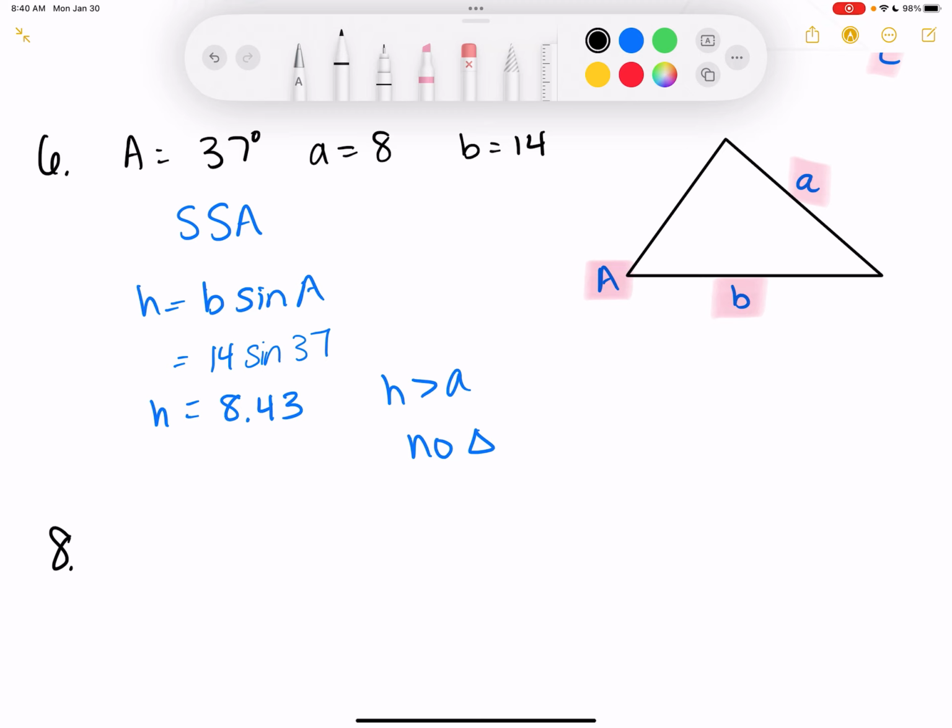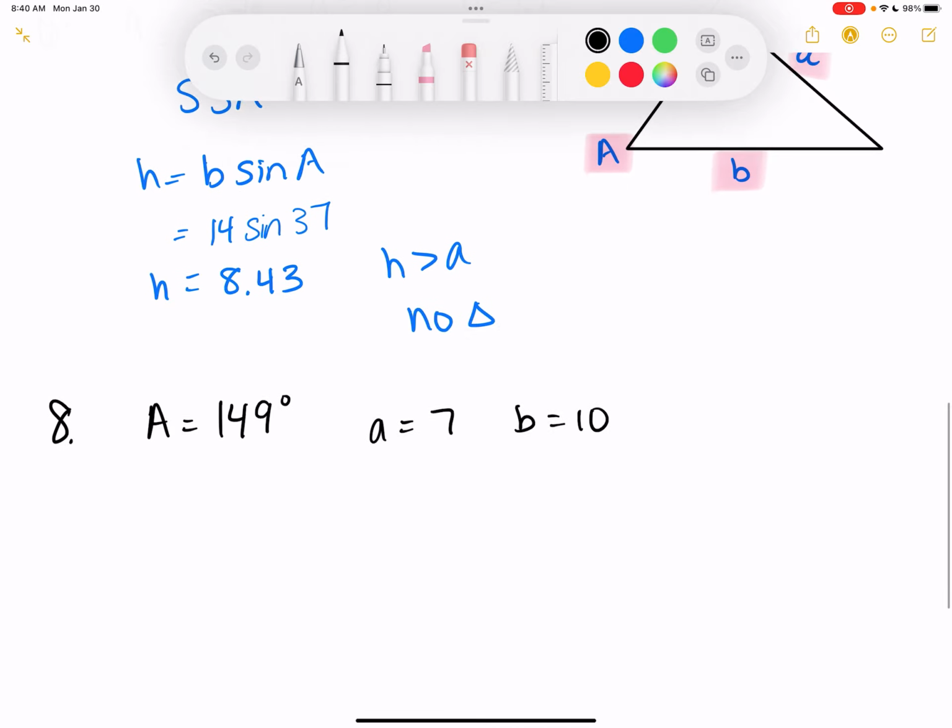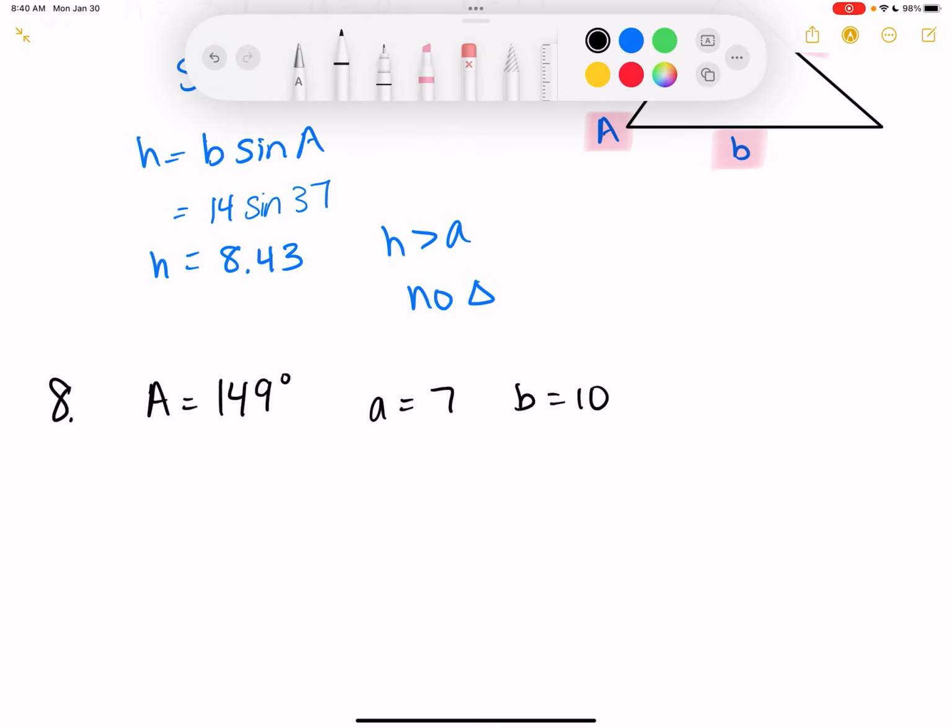All right, number 8. Angle A is 149 degrees. Side A is 7. Side B is 10. So again, I've got my triangle. I've got angle A, meaning side A is over here. And then, like I said, for consistency, I'm just going to put side B down here.